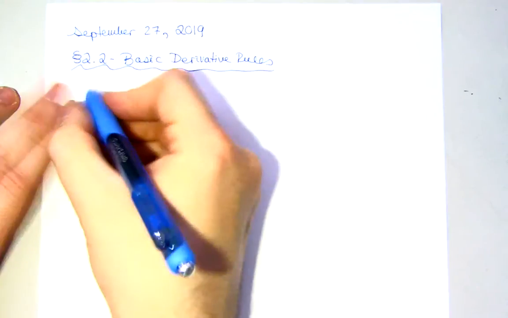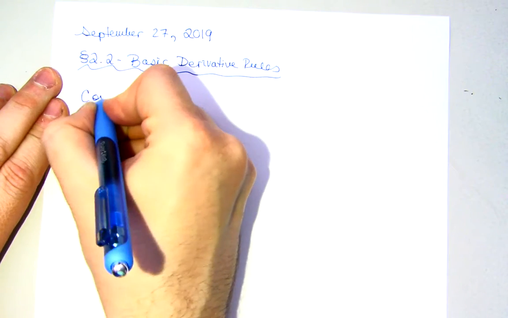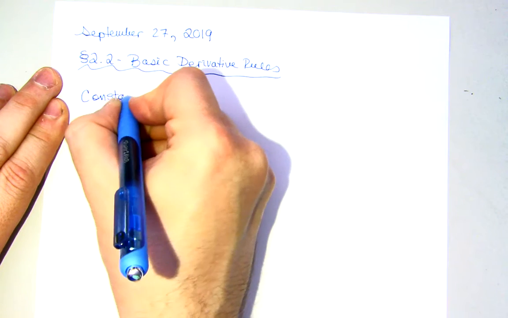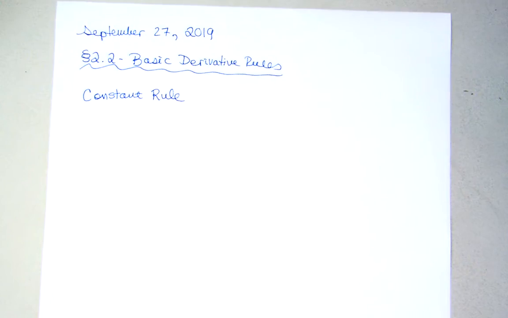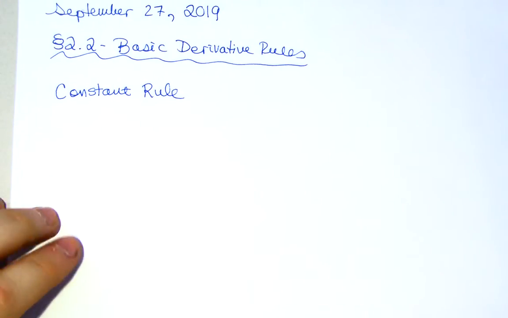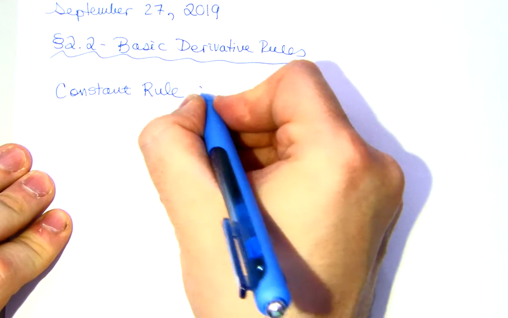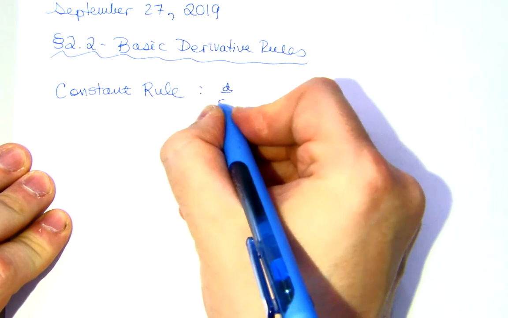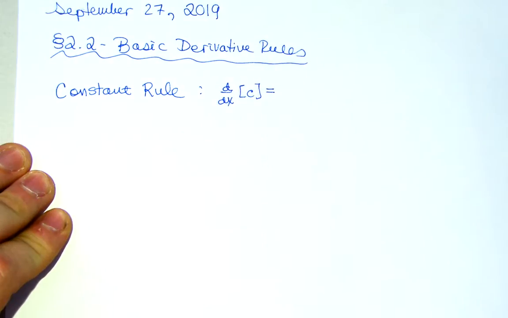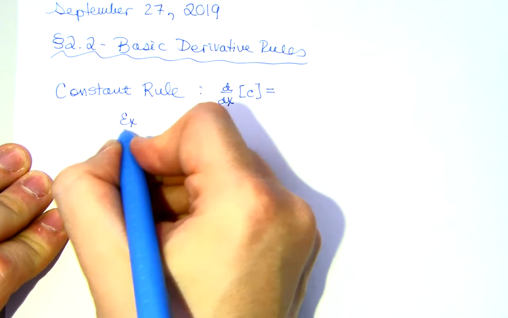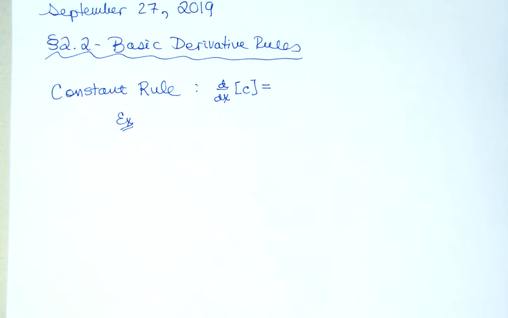So first of all, turn this over here. My first rule is the constant rule. Make this a little bigger. The derivative of a constant equals, well, not sure yet, so we're going to see if we can figure this out.